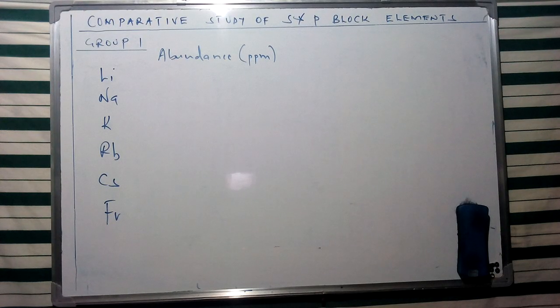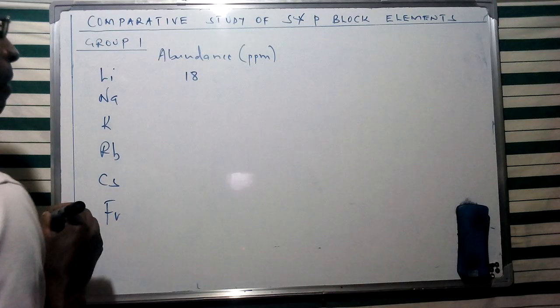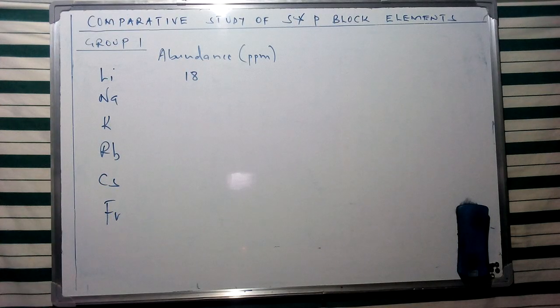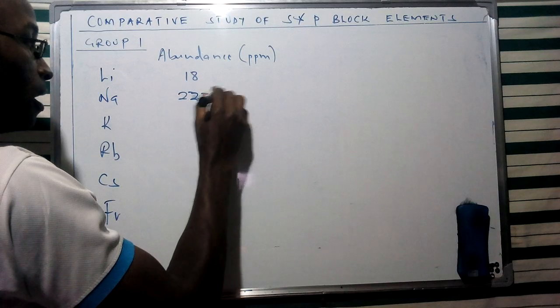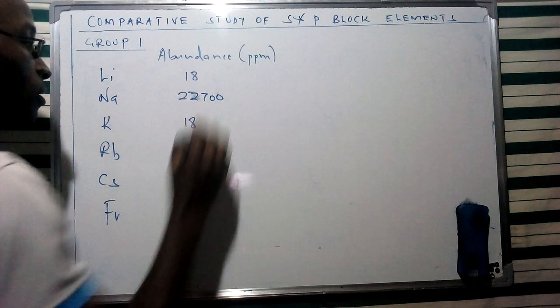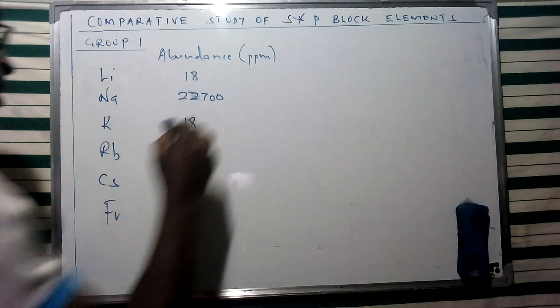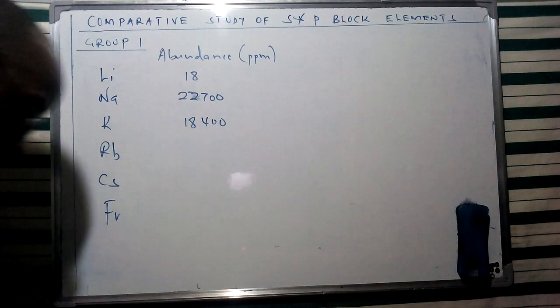In this particular case, we're going to have lithium in quantities of 18 parts per million, and then sodium at 22,700 parts per million. And this is going to be 18,400 parts per million.